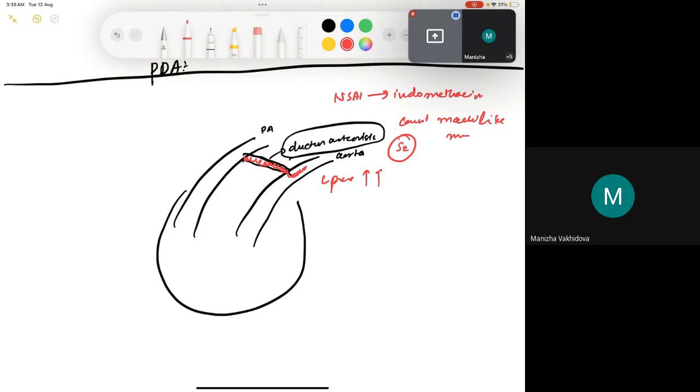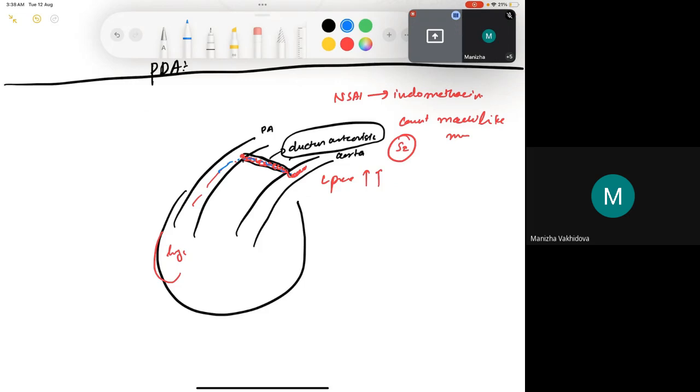It can lead to cyanosis as well, because it can lead to Eisenmenger syndrome if you have a lot of blood coming into the pulmonary artery. Again, the right ventricle can hypertrophy, and as it hypertrophies it exerts large forces which can reverse the shunt and lead to Eisenmenger syndrome.